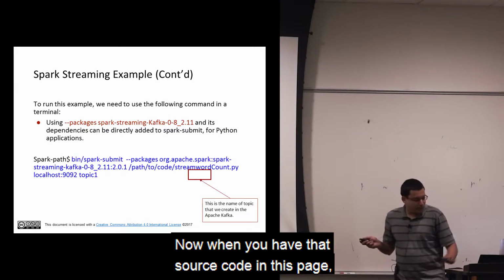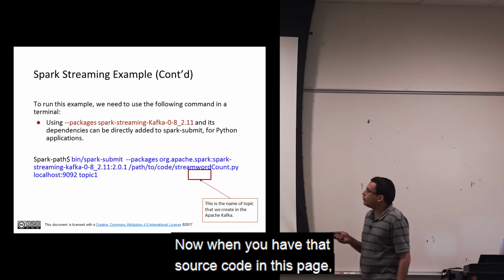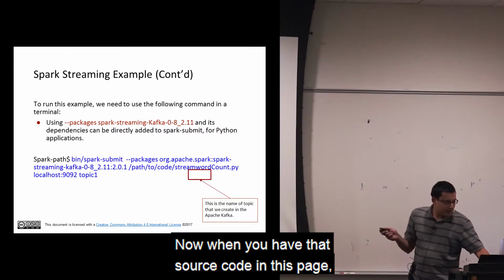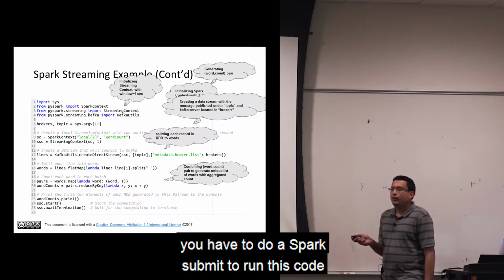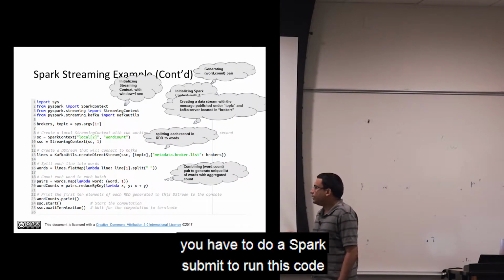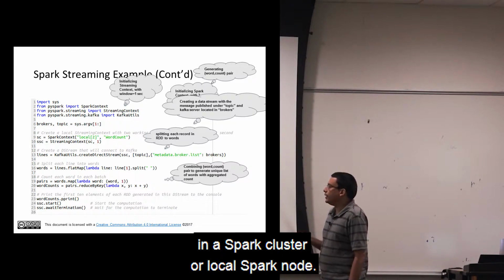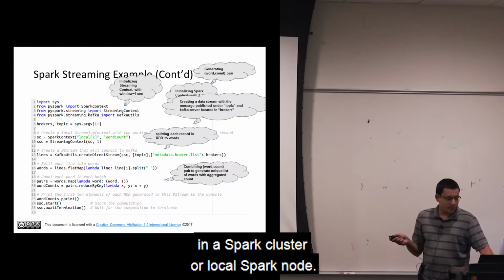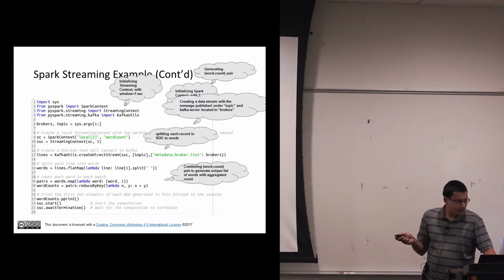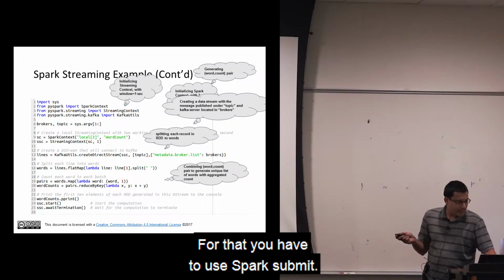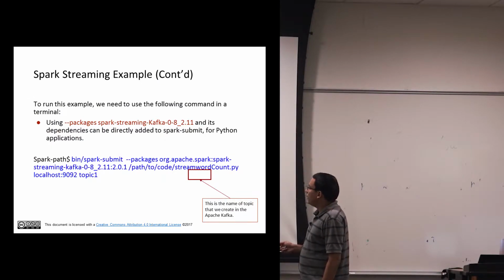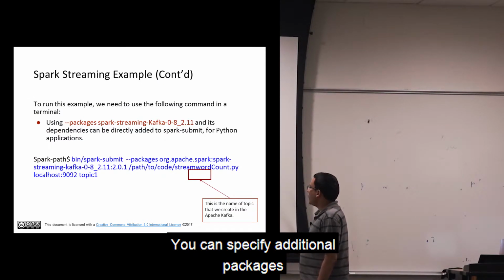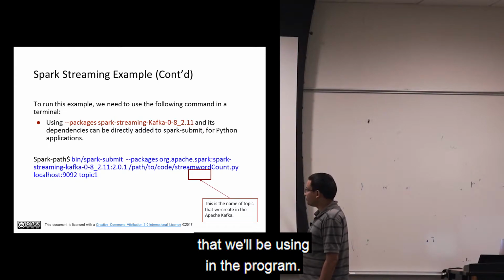Now, when you have that source code in this page, you have to do a Spark submit to run this code in a Spark cluster or local Spark node. For that, you have to use Spark submit. You can specify additional packages that will be used in the program.